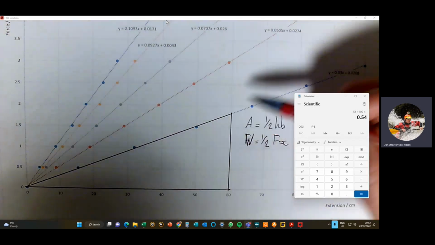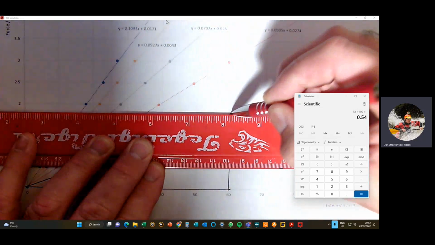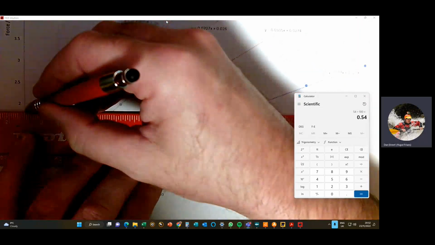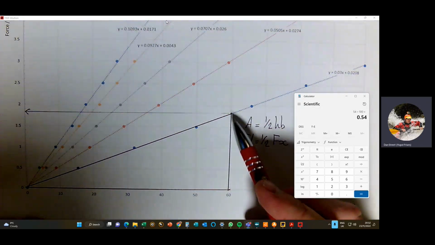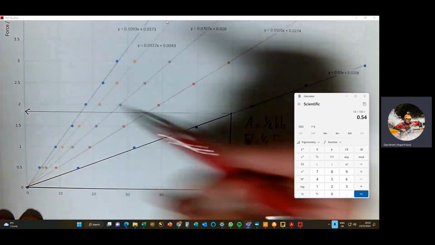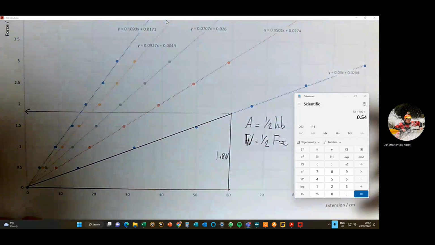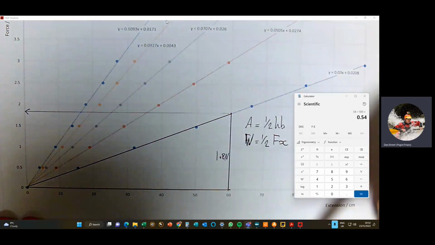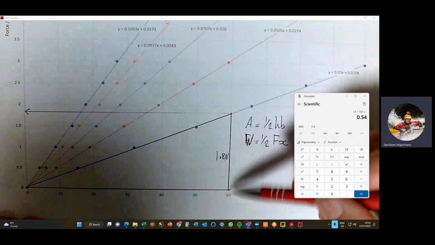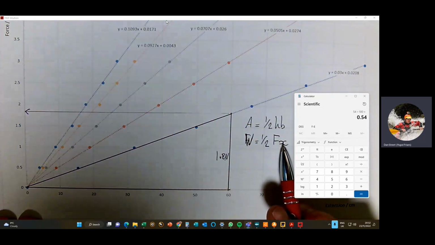So if we just put a parallel line back along the graph to the force axis, we find that the force that was needed to cause this extension is 1.8 newtons. So 1.8 newtons, and that value there is the height of this triangle. So we're looking basically for the height of the triangle, which is the force, and then the other value we need is the extension.